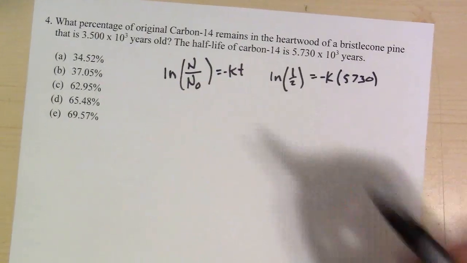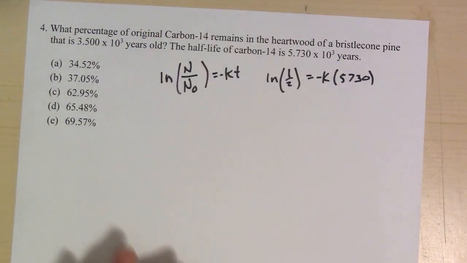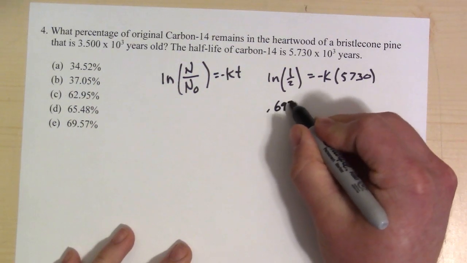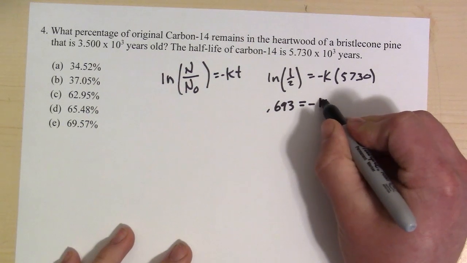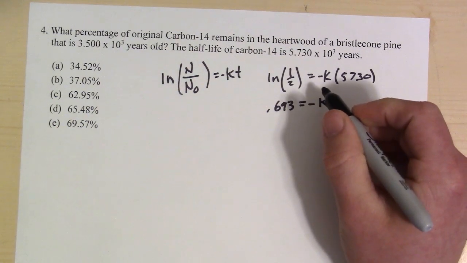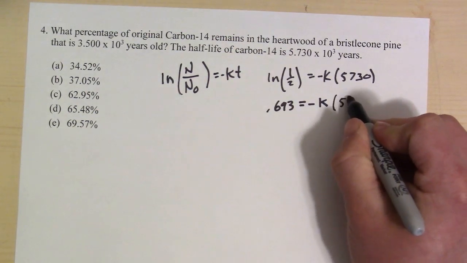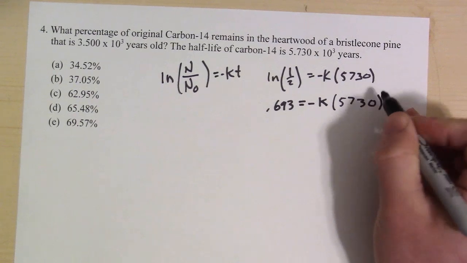The ln of 1/2 is given to you here on the equation sheet, negative 0.693. That is equal to negative k times 5,730.